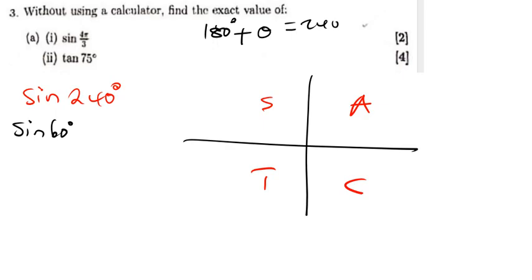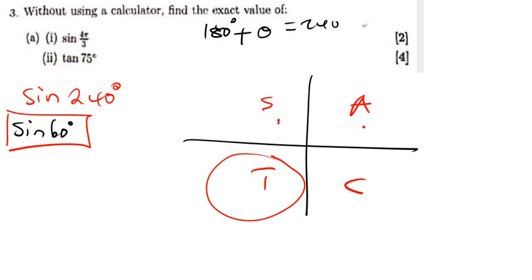So sine is positive in the first quadrant and in the second quadrant. But sine 240 is in the third quadrant, so it is negative in the third quadrant. So what is sine 60? Sine 60, using the special angles.